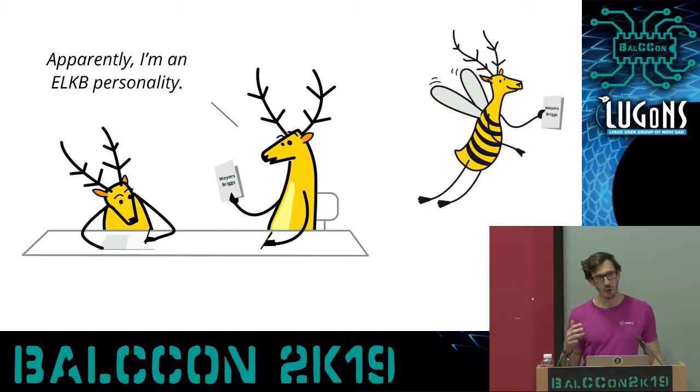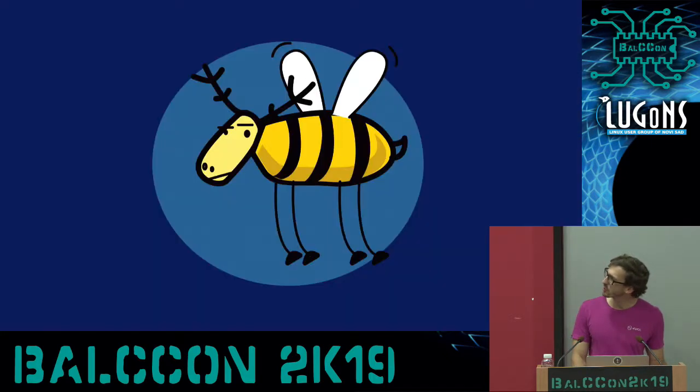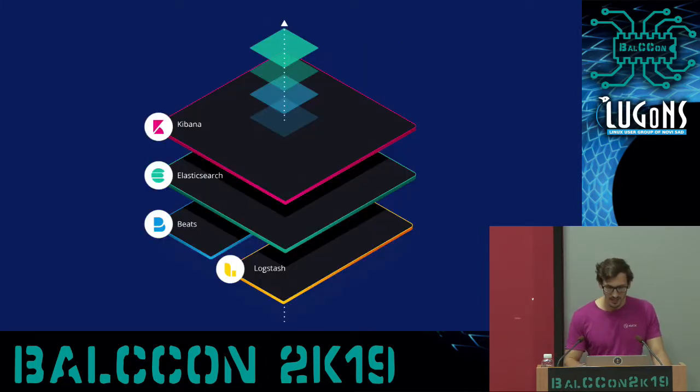The problem is there is no B in ELK, that's why we tried to get rid of that. And the first thing we tried is this, the BELK or the ELK B, which could look something like this. You can see it's a B, it's an ELK, the combination, but it doesn't really scale. So we didn't want to redo the entire branding, and then if we add another component, we want to redo that again. So we just call it Elastic Stack now, but if you say ELK, we still know what you mean. And the entire stack looks something like this.